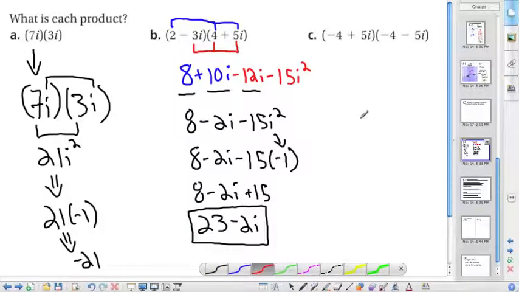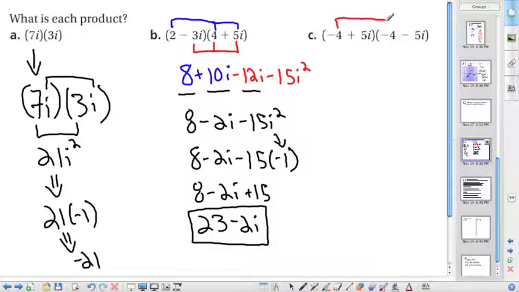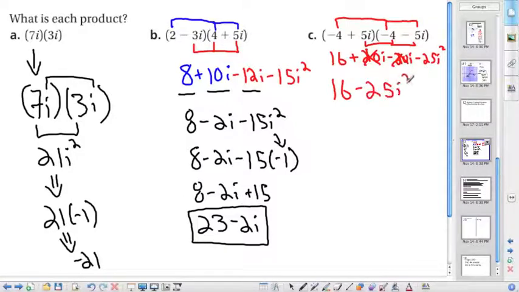Next up, C. Negative 4 times negative 4 is positive 16. Negative 4 times negative 5i is positive 20i. You get 5i times 4i, which is negative 20i, and you get 5i times positive 5i gives you negative 25i squared. Combine like terms, you get 16 plus 20i minus 20i cancels out, and you're left with negative 25i squared.